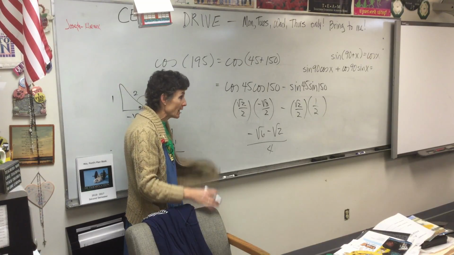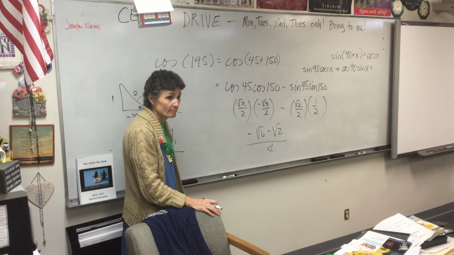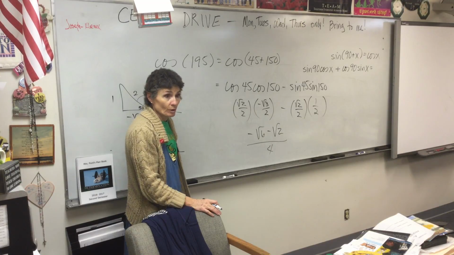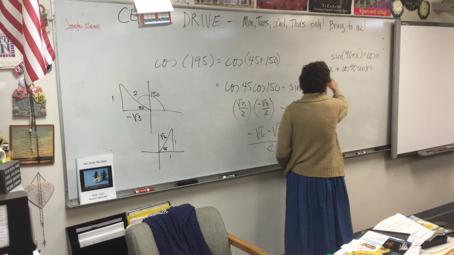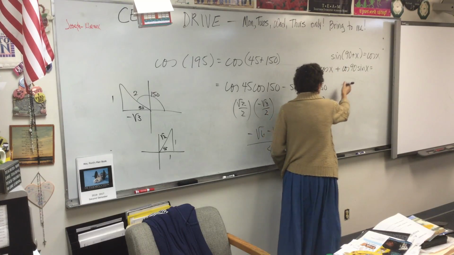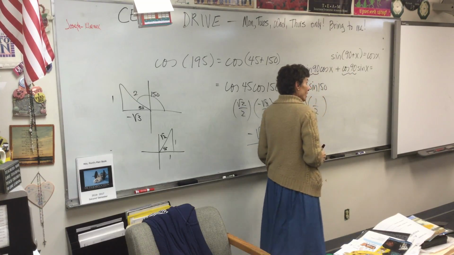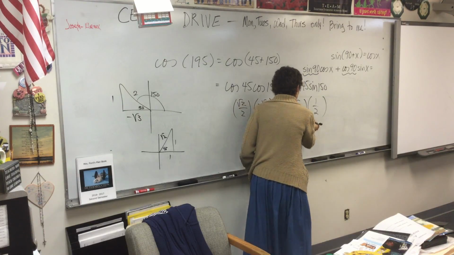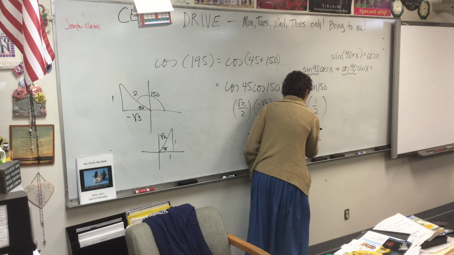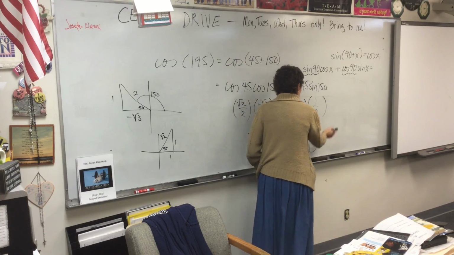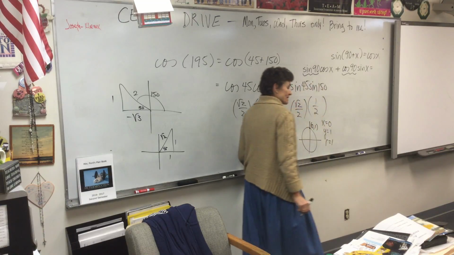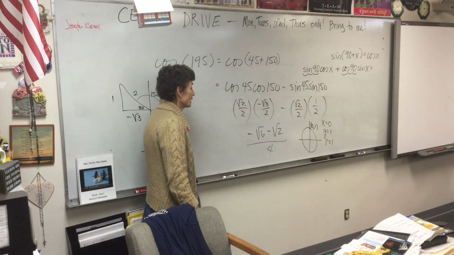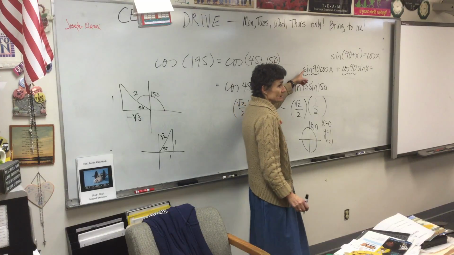Now, do you remember what we did last time when we had this situation? We're going to plug something in. You can't plug anything in for cosine x because we don't know what x is. But sine 90 and cosine 90, we know what those are, right? So here's my circle. Here's 90. So x is 0, y is 1, r is 1. That's my setup. I need the sine.